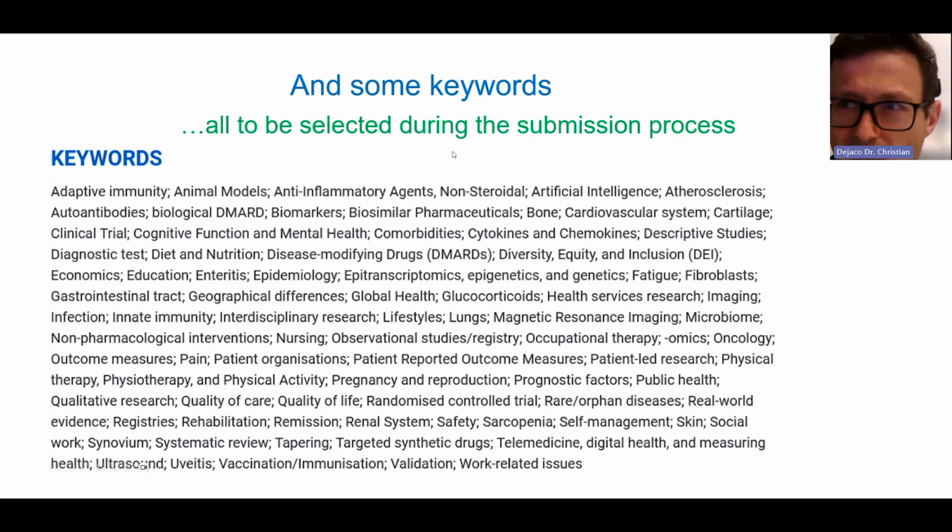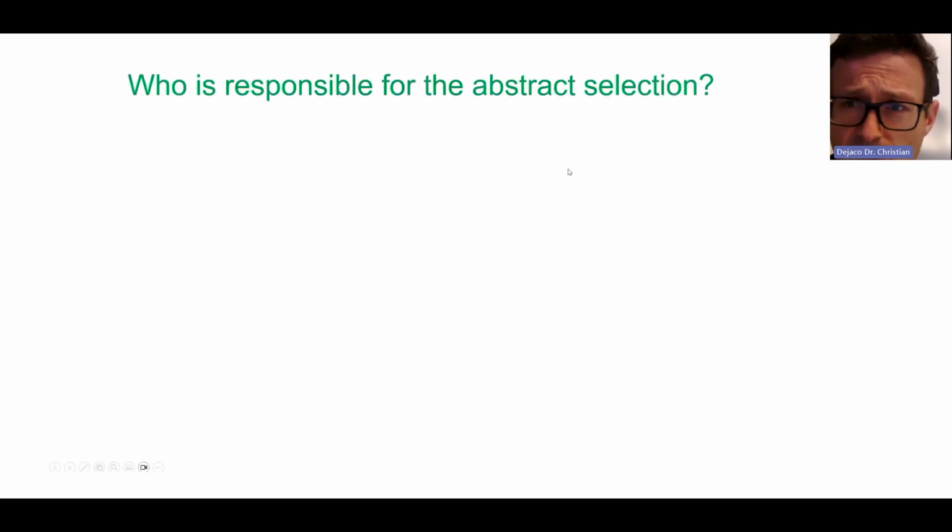The keywords will help us to better group abstracts from different topics, to better select the reviewers for your abstract. And then also, of course, during the Congress, the keywords will be assigned to the abstract so that the users, the audience, can find the individual abstracts more easily.